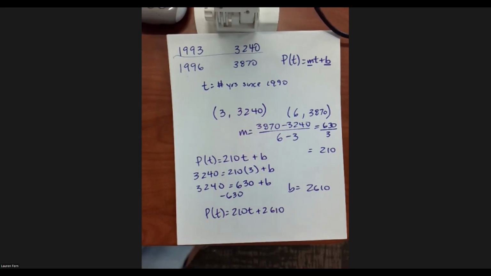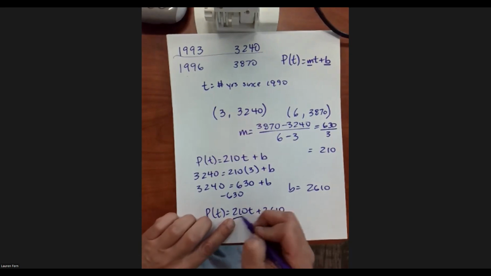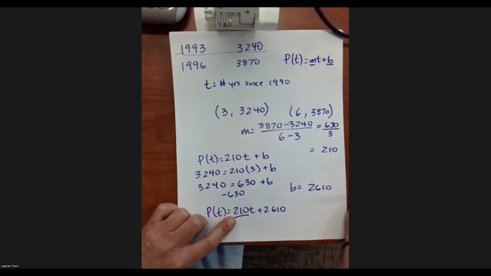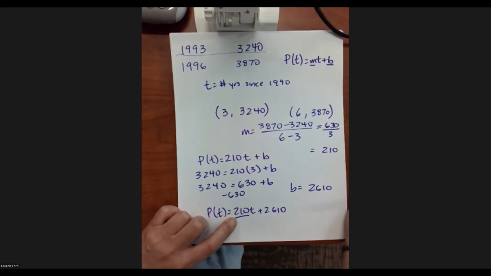Now, I seem to recall that there was another part, but even aside from this other part, I want us to interpret this. What does this 210 mean? Yep. On average, the moose population is growing by 210 moose per year.